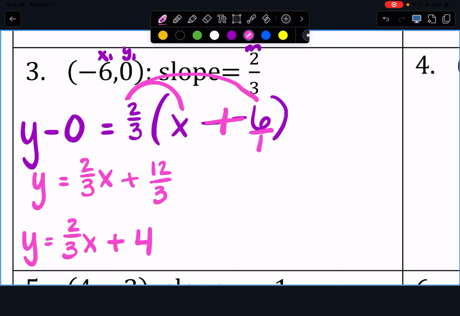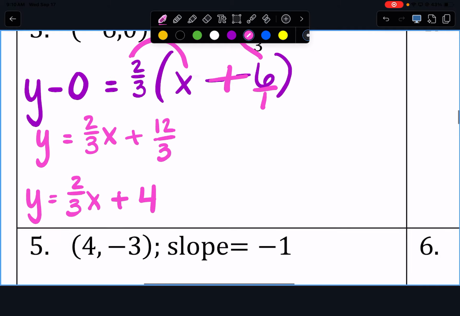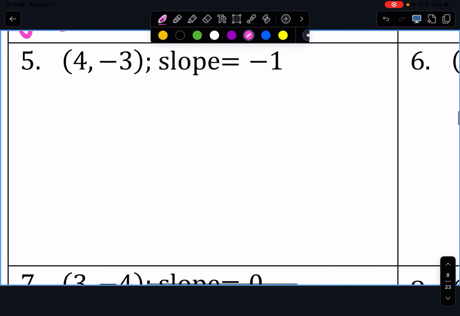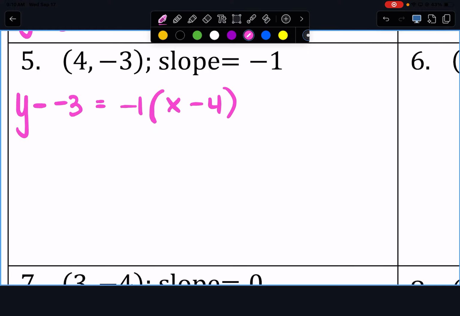All right, now we're going to look at question 5. For question 5, we're going to do y minus equals negative 1 times x minus 4, because when we subtract a negative number, it is addition.